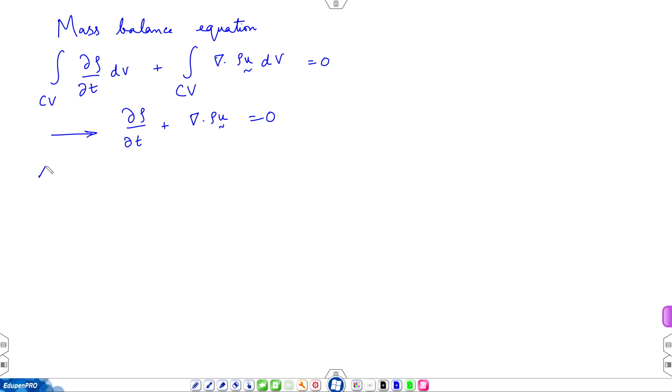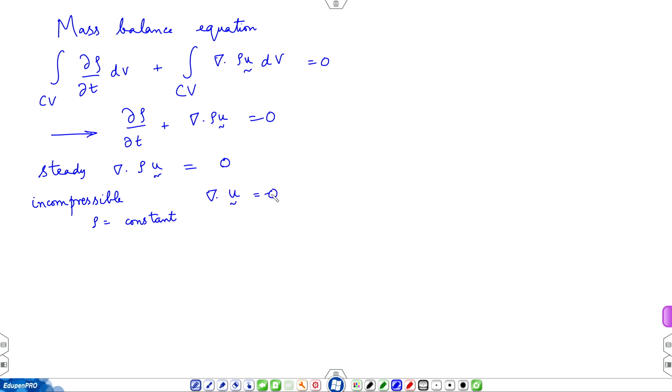So, if the flow is steady, then del dot rho u is 0. If the flow is incompressible, then you can take rho out and write del dot u equal to 0.